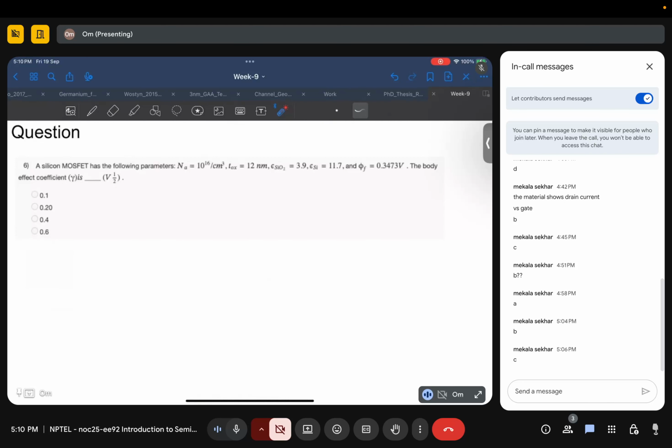So what is body coefficient? Gamma is root of 2q epsilon Na by Cox. So use this formula and try to solve it.